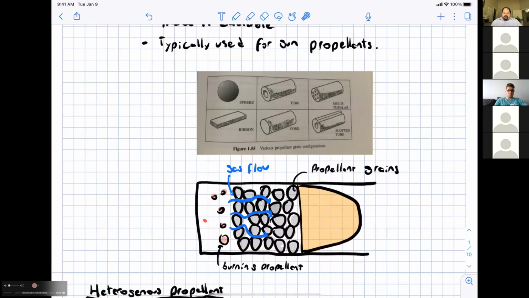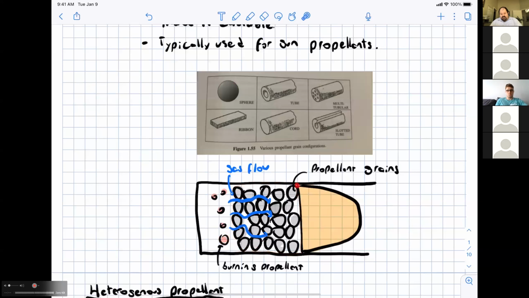The pressure in a gun system can exceed 100,000 psi, so you have extremely high pressures. Some of the grains will be burning and producing gas flow, and that gas flow will penetrate into the granular propellant bed here, induce flow, and heat up the grains, things like that.